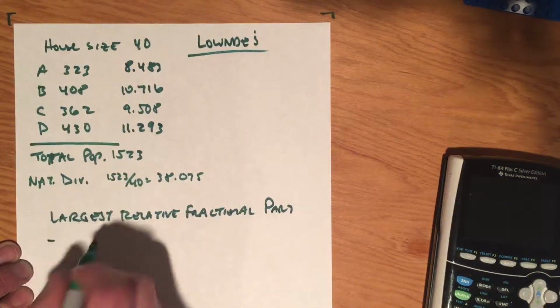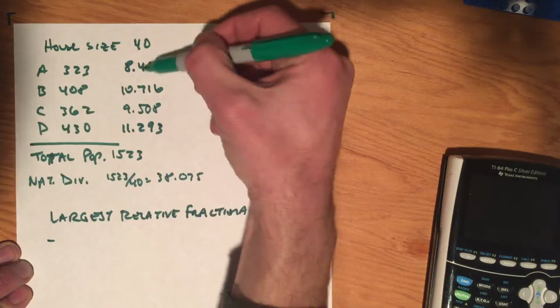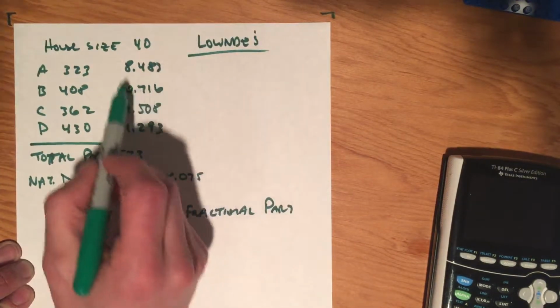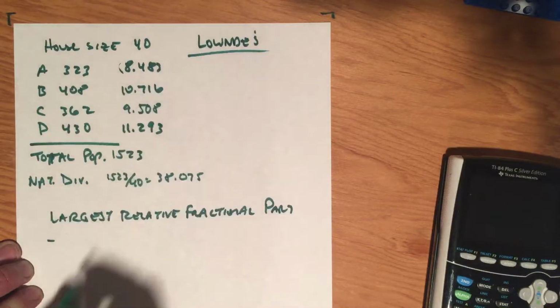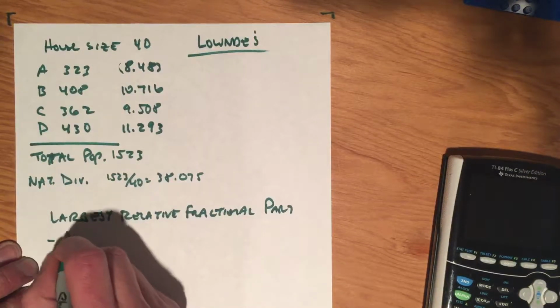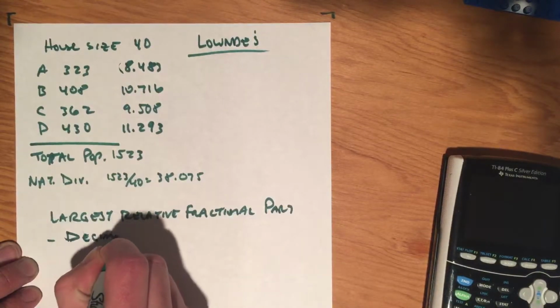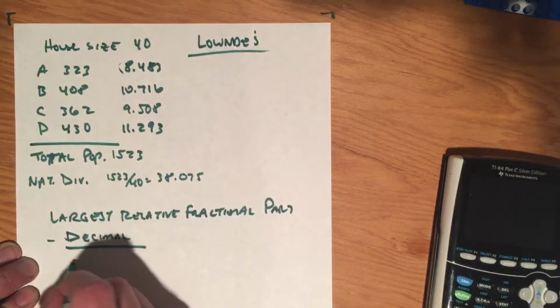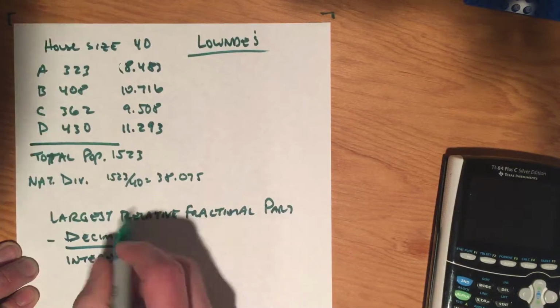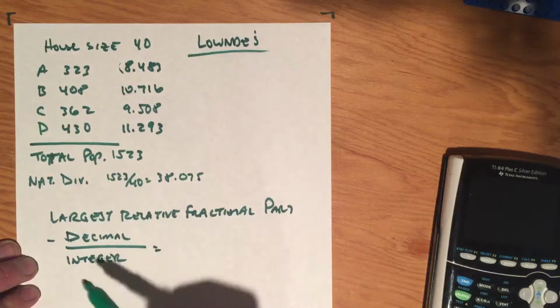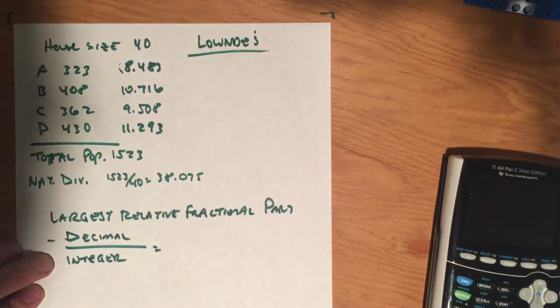We take the decimal portion of our natural quota divided by the integer portion, the whole number portion. We call that our relative fractional part, relative because we are comparing the decimal to the integer.